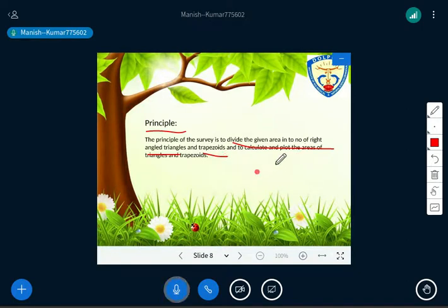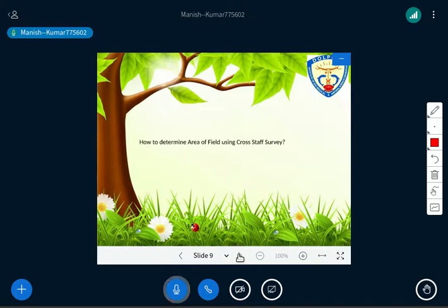We have to divide the whole area into a number of right angle triangles or trapeziums, and then we have to use the formula of the trapezium and right angle triangle for the calculation of that particular area. So this is the principle that has to be used.